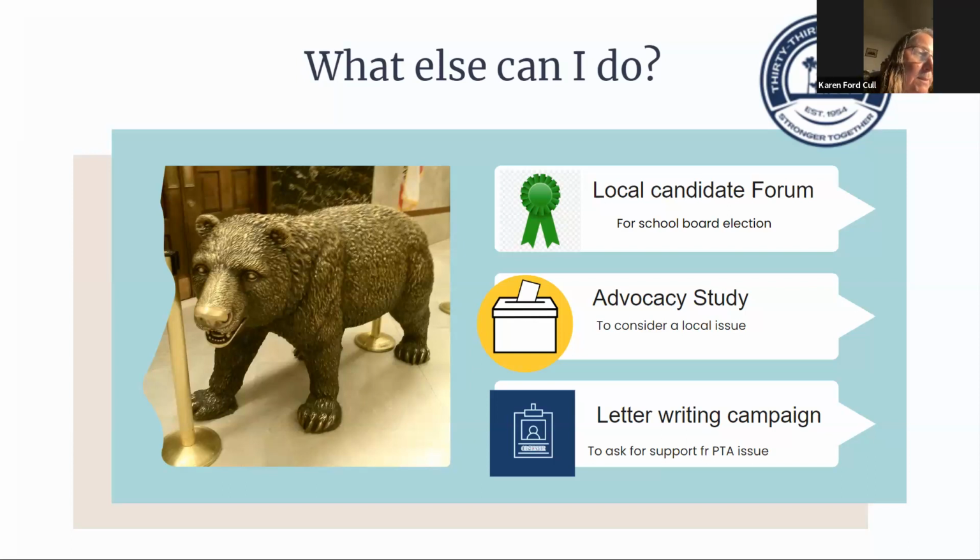So you'd want to set up a committee, and there is a link on the California PTA leaders website that explains how to do a study. It talks you through the process. It looks quite daunting, but I think if you have good resources, good information, it doesn't have to be that daunting. Danielle could talk about her study.